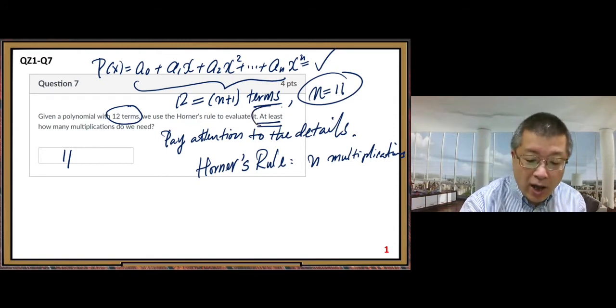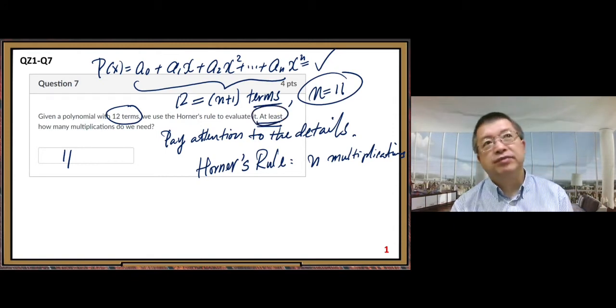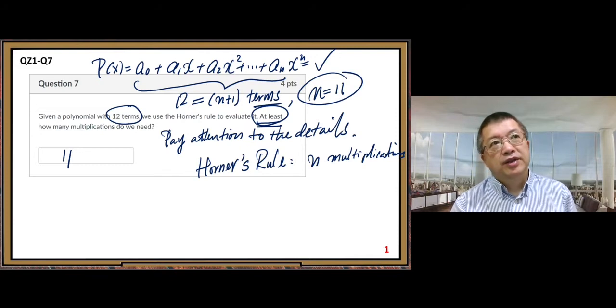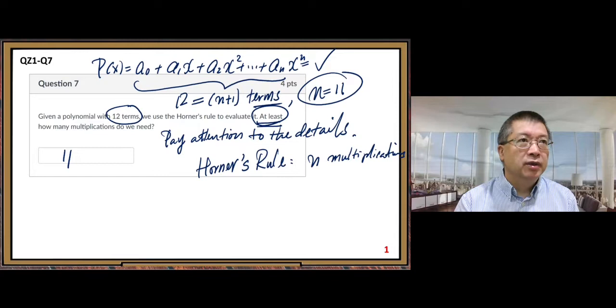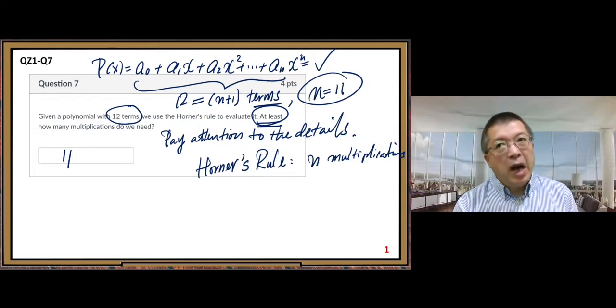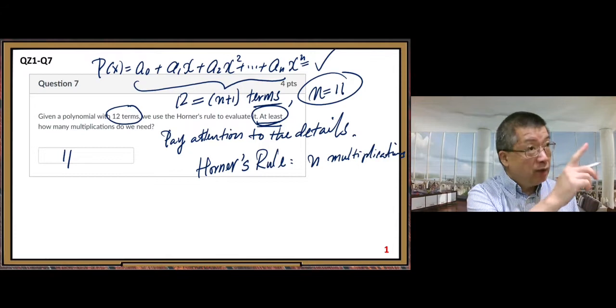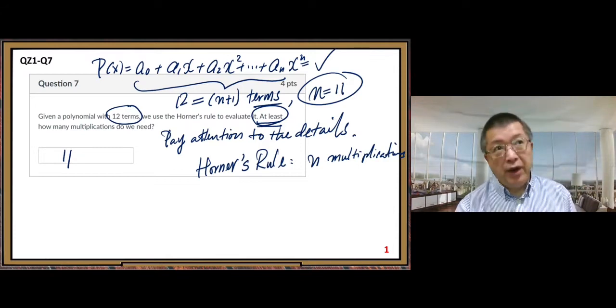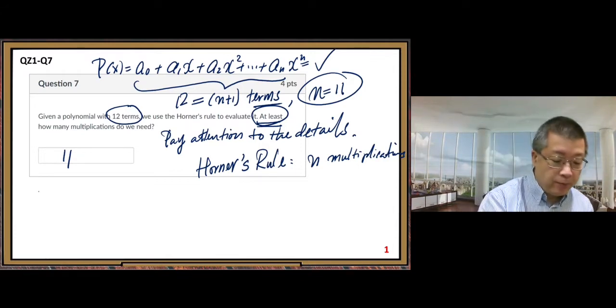Second, why I put this "at least." Some of you may just ignore it. Because I want to make this question as solid as possible. Think about this. Here I give you another polynomial.